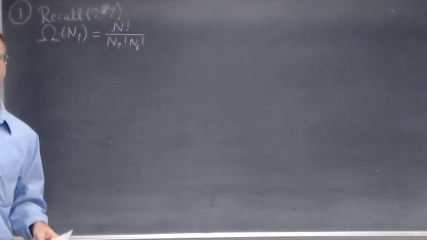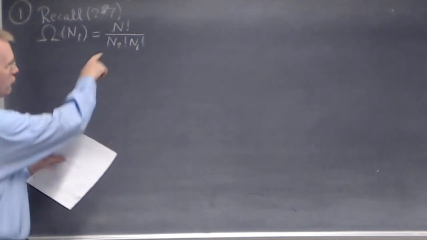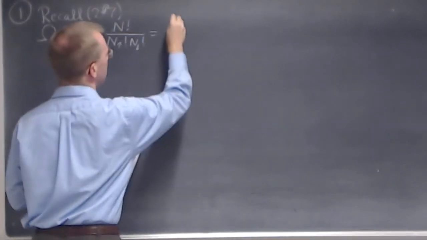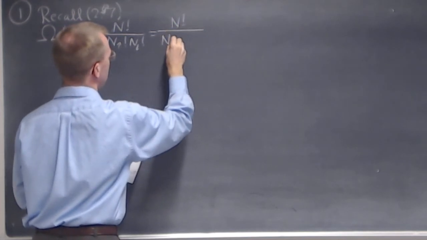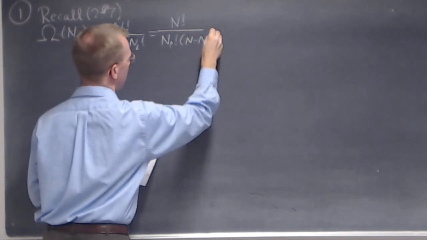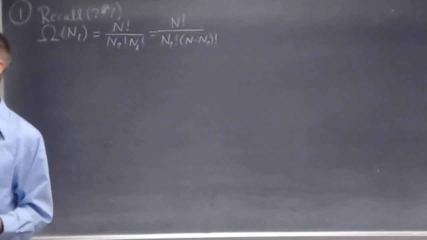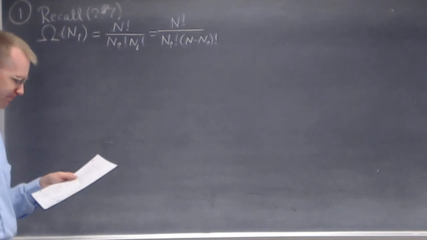That's not all that helpful. We want it in terms of total n and n up only. So we just rewrite this, which we did before, equation 2.7. Well, we still got a factorial in there, and we don't like factorials.